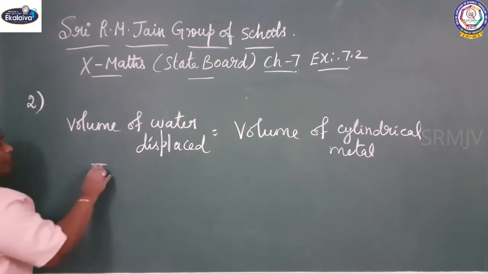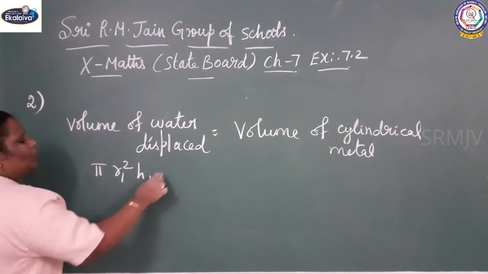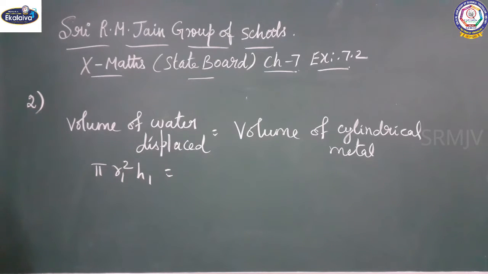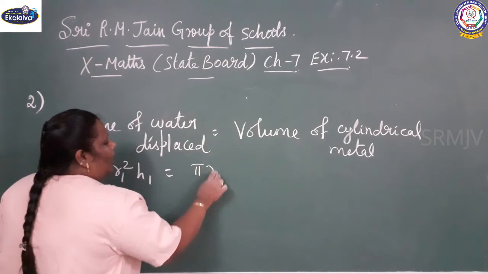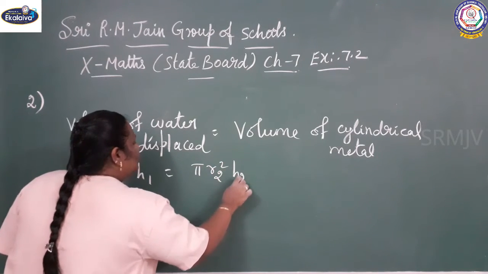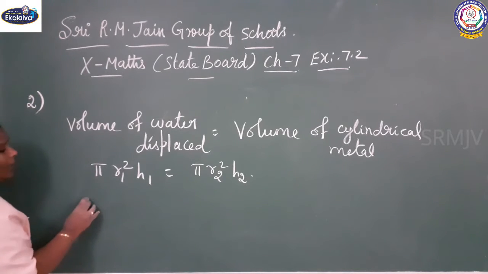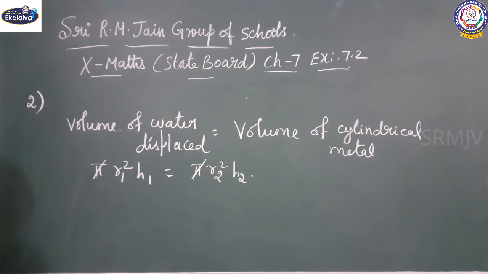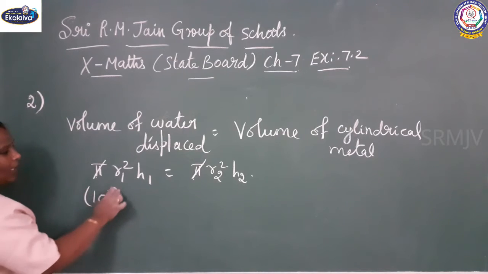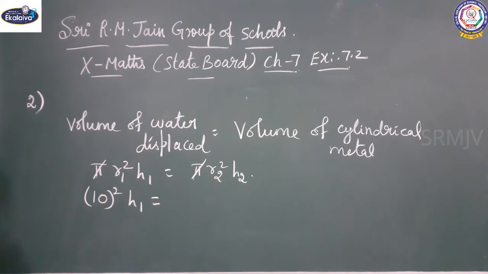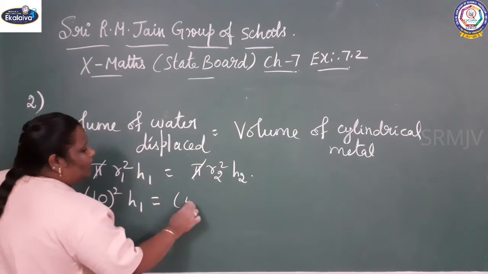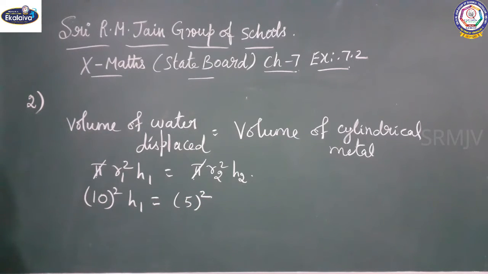So you can take it as pi r1 square h1 equal to pi r2 square h2. Pi gets cancelled. So r1 is 10, 10 square into h1 equals r2 is 5, 5 square into h2.